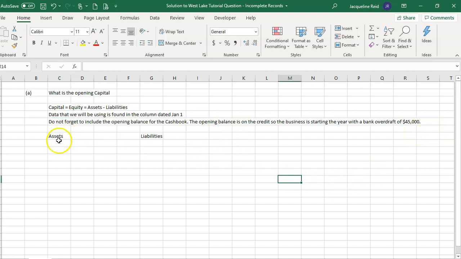Okay, so with that song and dance, I'm putting the cash book value on the liabilities because a bank overdraft is a liability. So that is the first figure I'm going to put on the list. And the amount is $45,000.